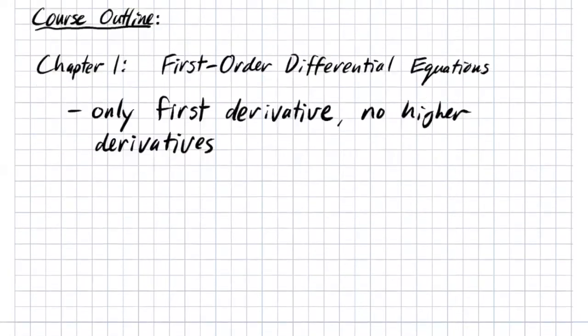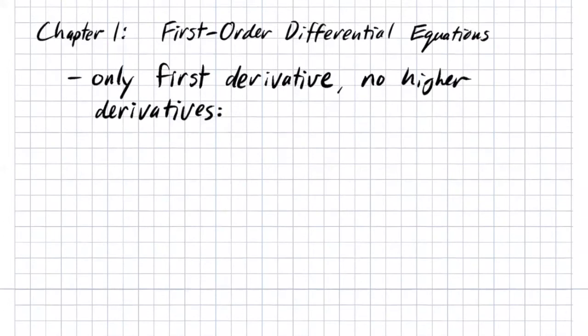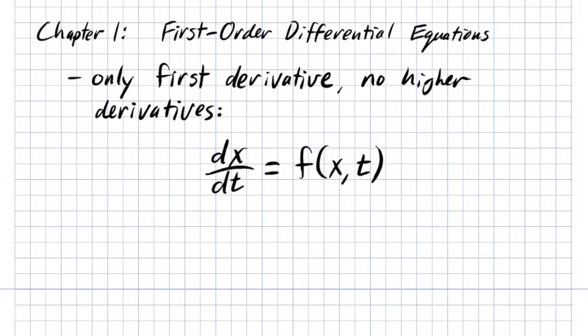Which typically means that our differential equation can be put in the following form. We can solve for that derivative and isolate it. We know that this rate of change is going to be a function of whatever the quantity x is at that moment in time, and also a function of time as well.